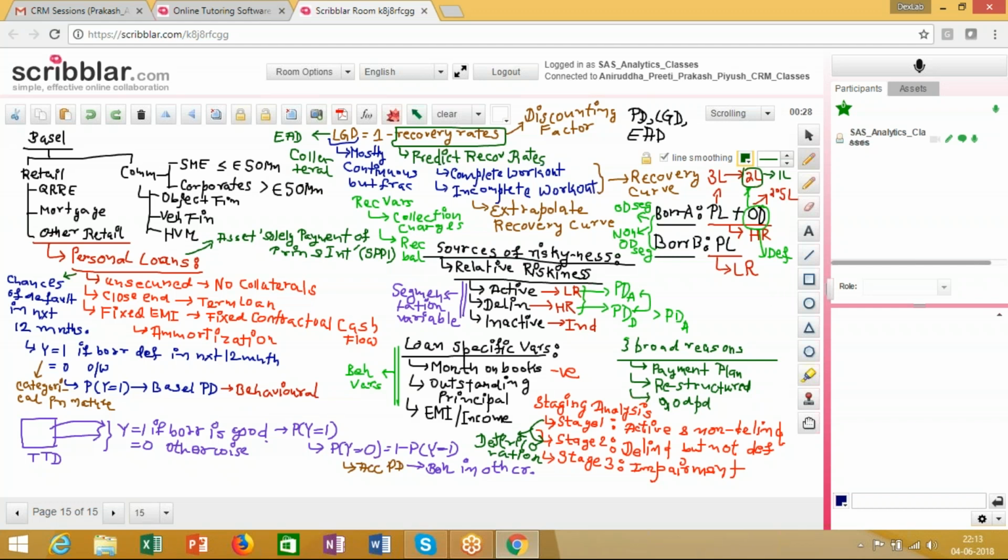So what you need to do is assess significant credit deterioration. If there is a significant credit deterioration, you compute the lifetime expected losses. If the account has not gone through a significant credit deterioration, then you just compute the next 12-month expected losses.